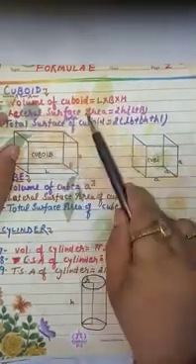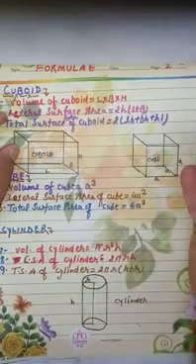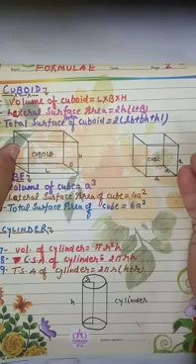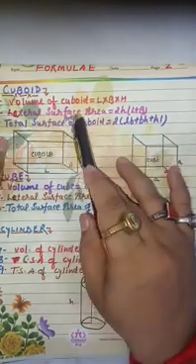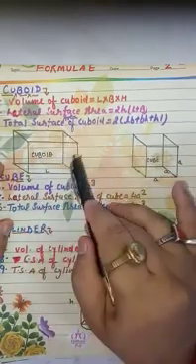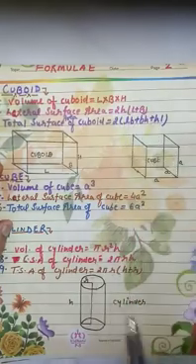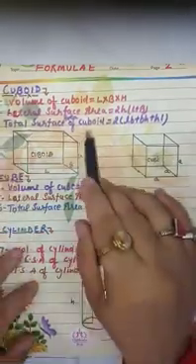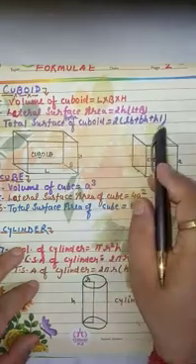Class, surface area you learn about in the chapter number 14. So the lateral surface area, class, the surface area of four walls of cuboid is 2 into height bracket length plus breadth. Now the total surface area of cuboid 2 bracket LB plus BH plus HL.